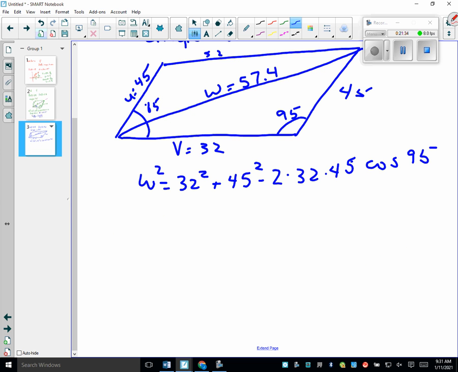Okay, so is it true? This is what I want to find. I always want to find the angle between W and V, because I want the one with the horizon. And V, remember, is on the horizon.